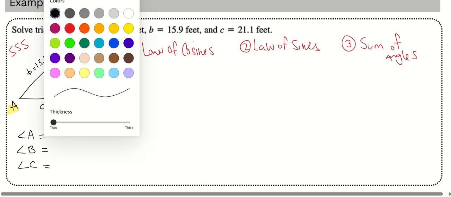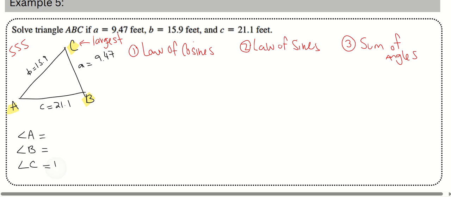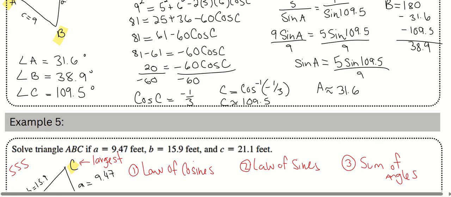Angle C is 109.9. A was 25. And B was 45.1. So go ahead and do this one and see if you come up with those results.